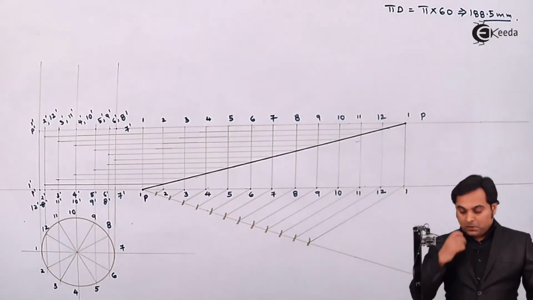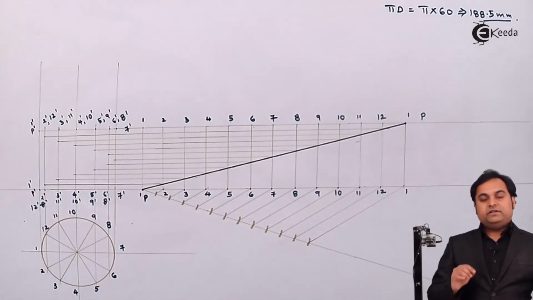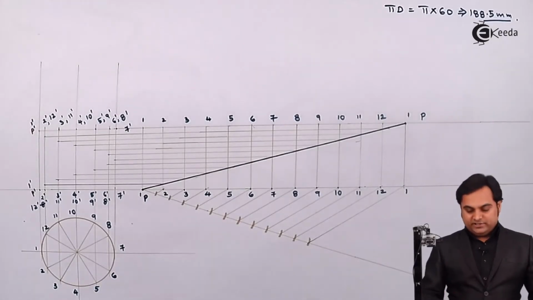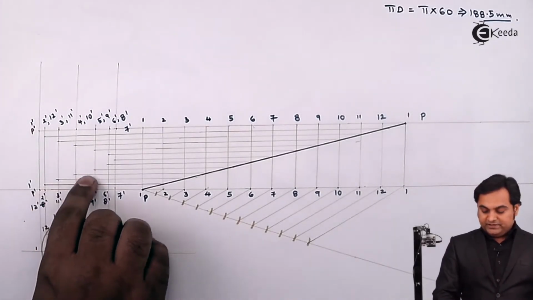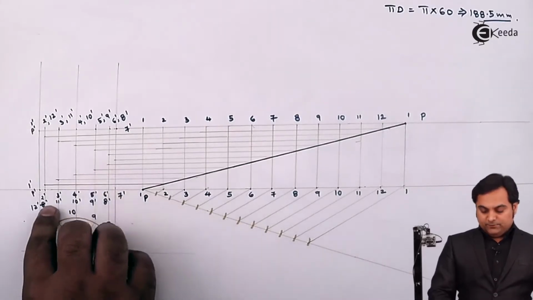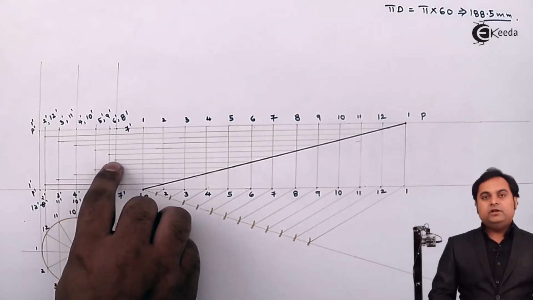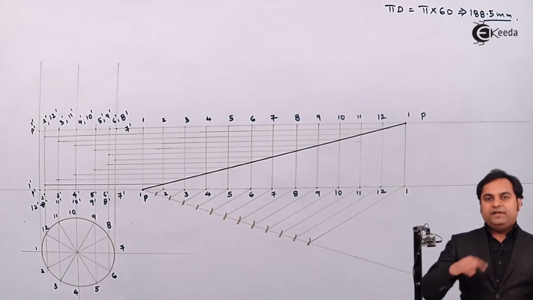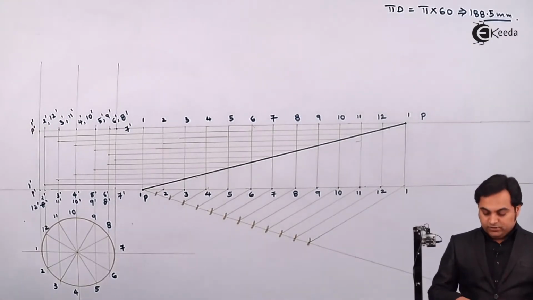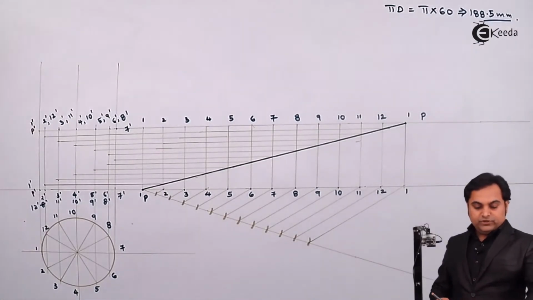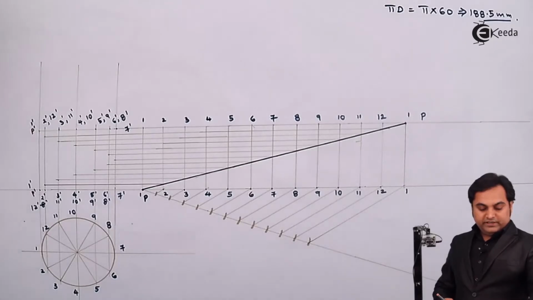Now when this point is rotating around the cylinder, as we see here, the point gets shifted. Up to half rotation it will be visible, and the remaining half will go behind, so that should be hidden. First I'll join all these points to get a light curve.